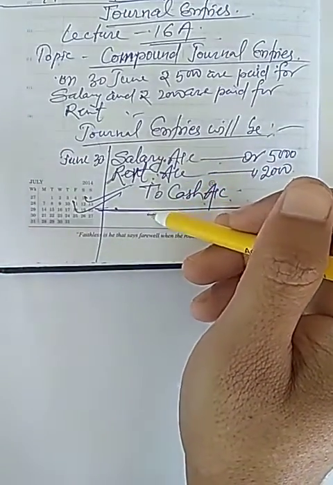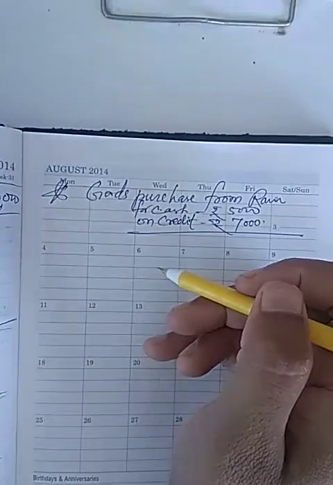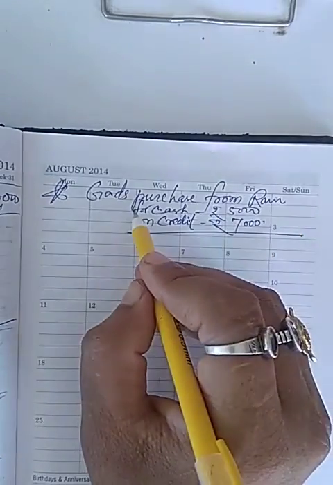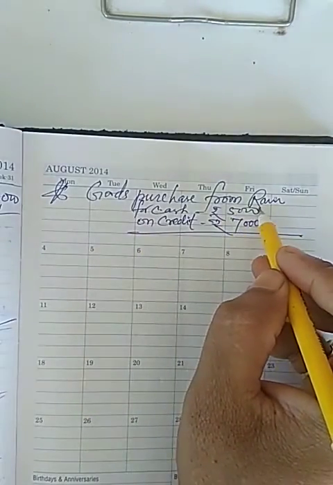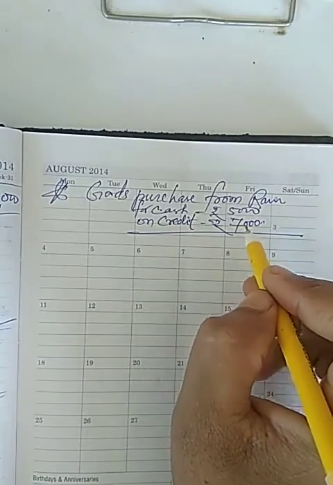See one more example for compound journal entry. Suppose goods purchased from Ram for cash rupees 5,000 and on credit rupees 7,000.